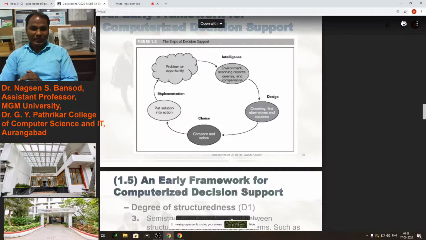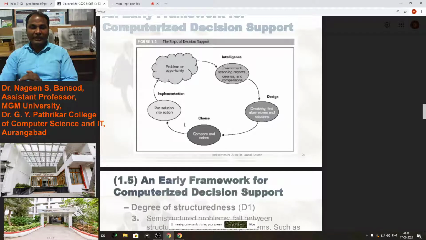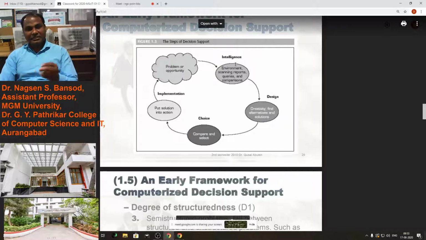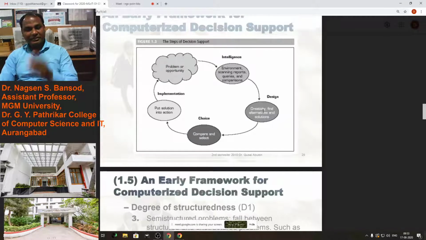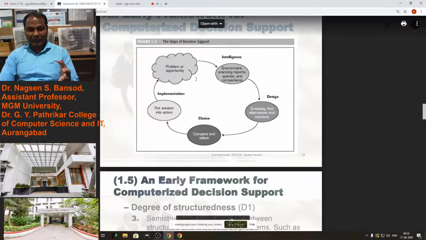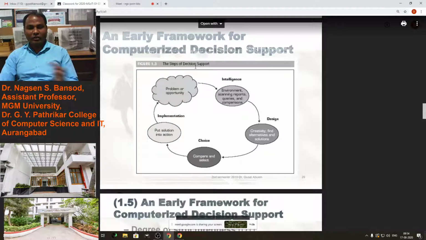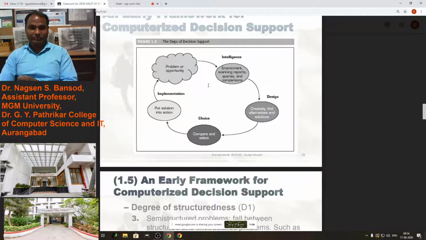Such a model is cyclic, and all parts are related to each other. Intelligence is related to design, which is related to choice and comparison of models, and choice depends upon implementation. These are the 5 factors of the early framework for computerized decision support system.